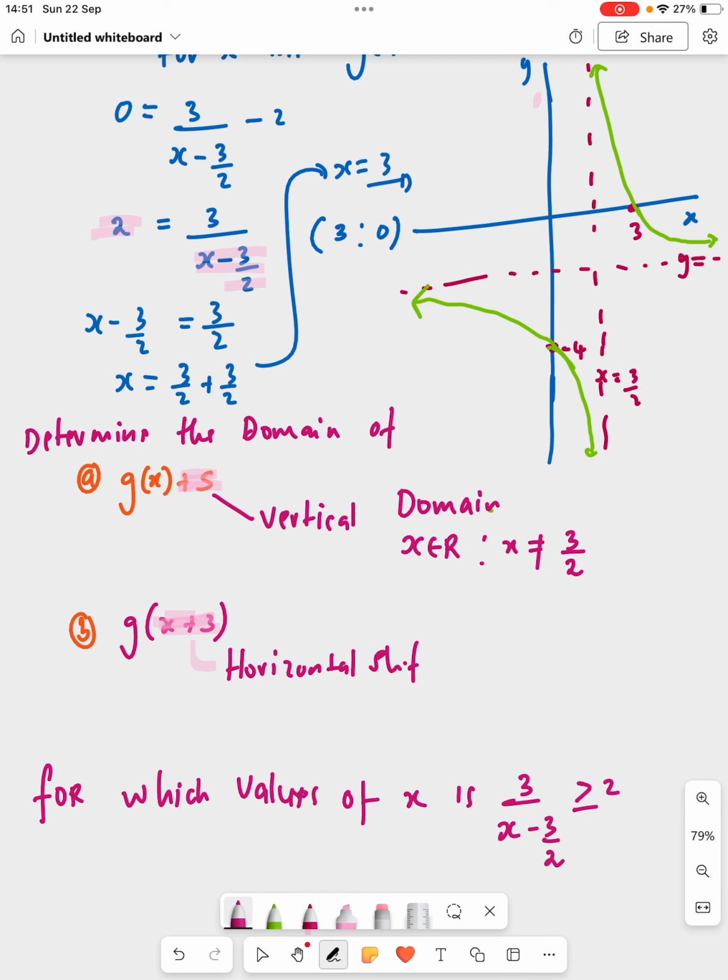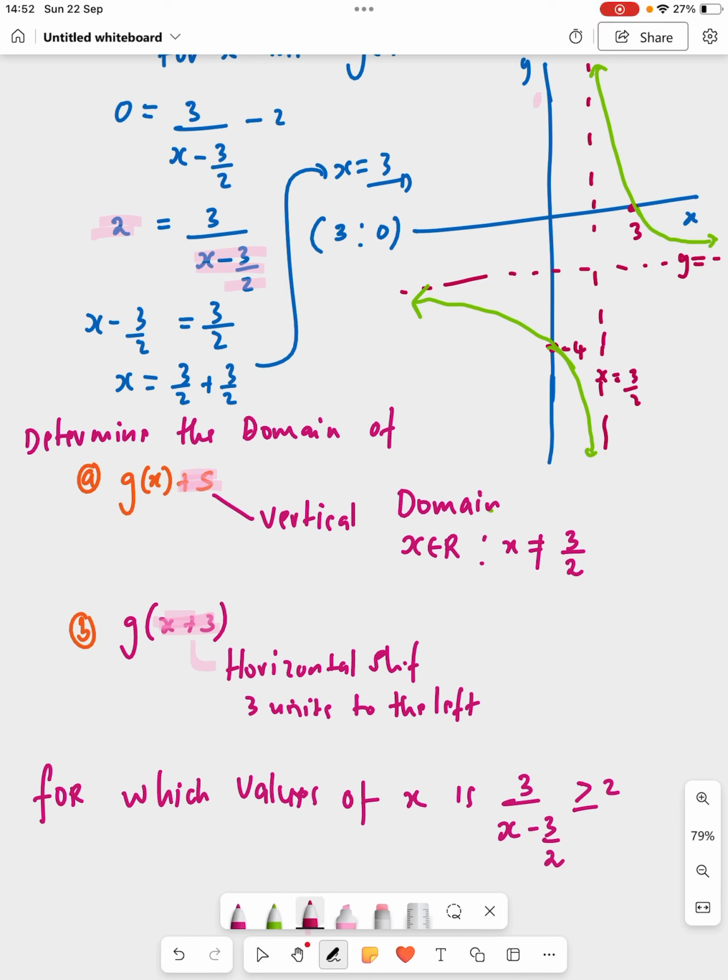So the graph has moved 3 units to the left. So if it's moved 3 units to the left, that means even our asymptote will move by 3 units to the left. So we need to accommodate that.